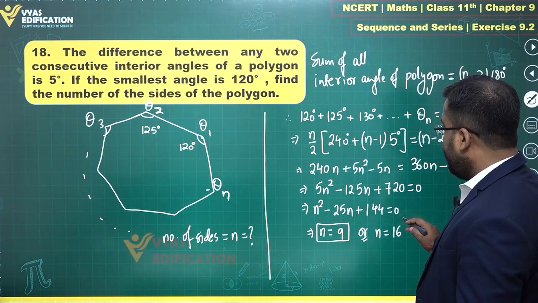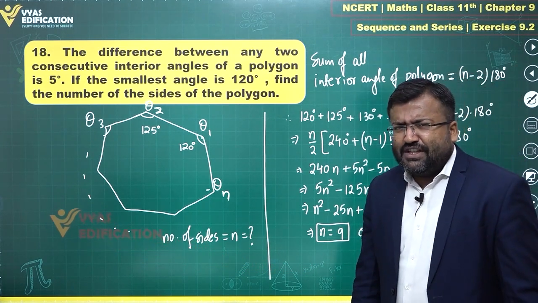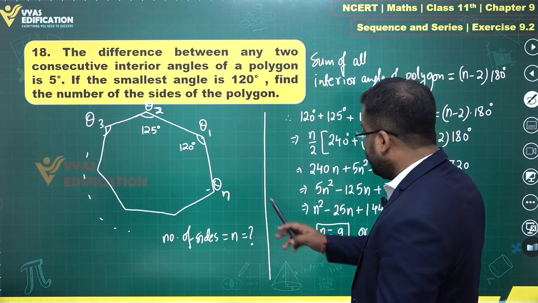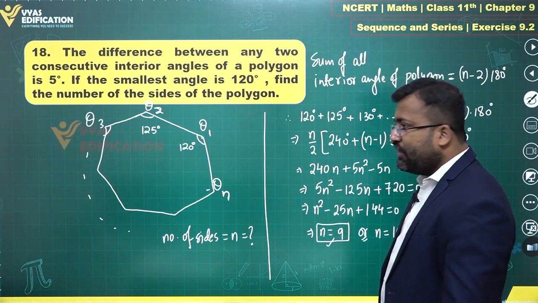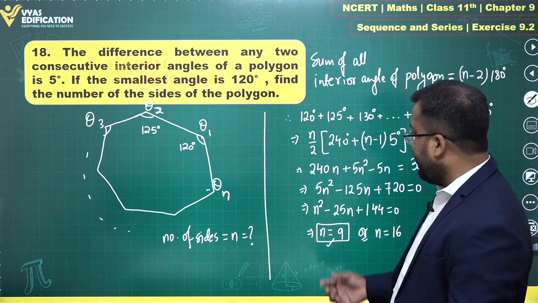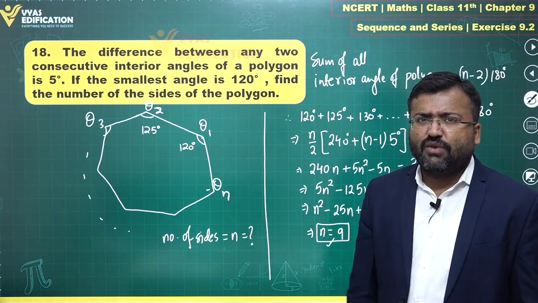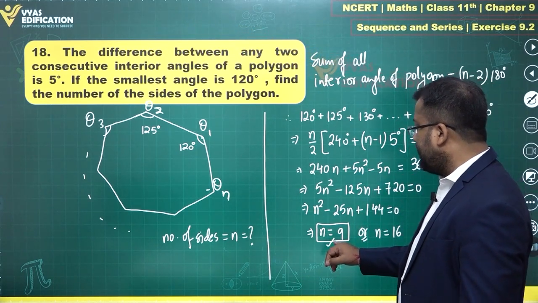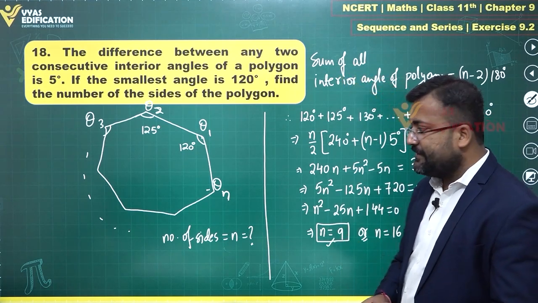Yes. Do you observe that all of these are interior angles of a polygon? Let's see. What will be the biggest angle in case of n equals 9? The biggest angle in case of n equals 9 will be 120 plus 9 minus 1 times 5 degree, which is 8 times 5 is 40. 40 plus 120 is 160 degree, the largest angle in this case.